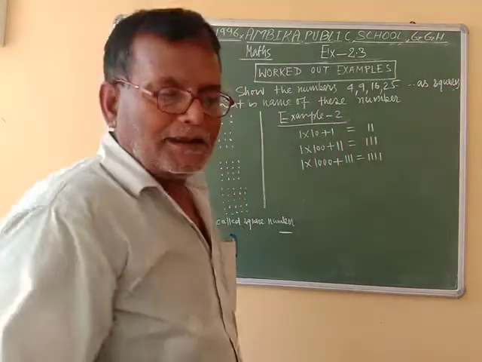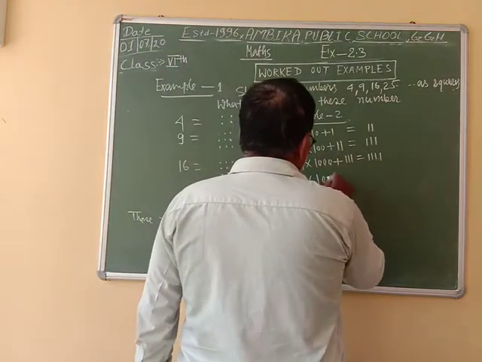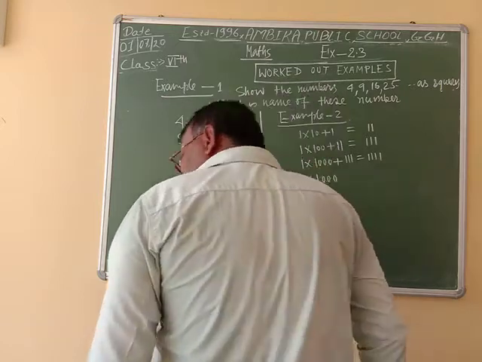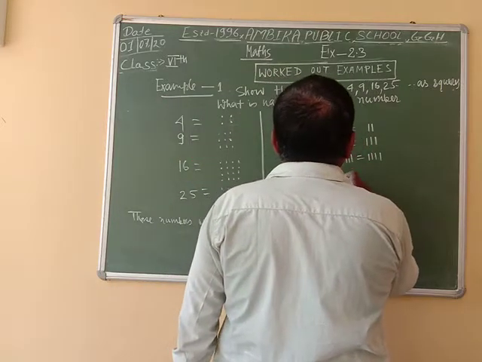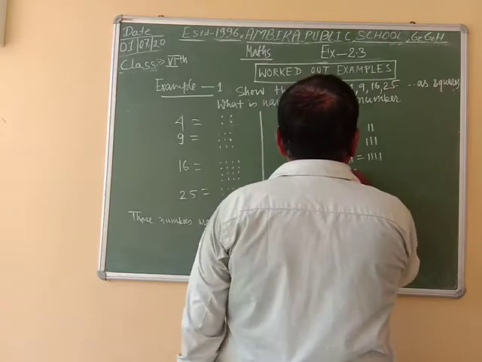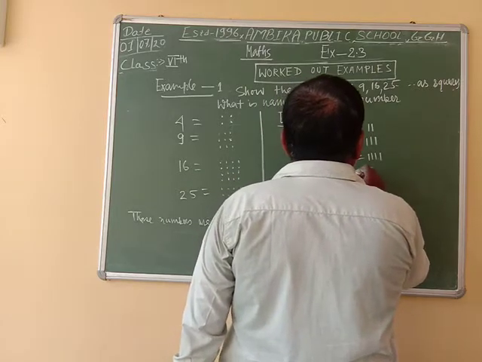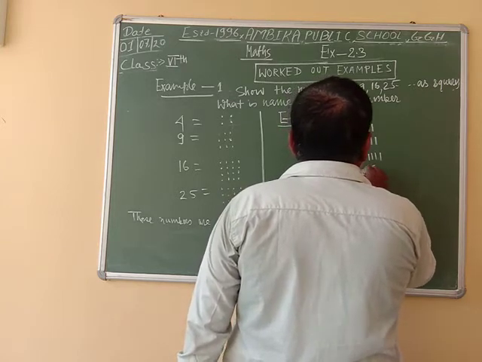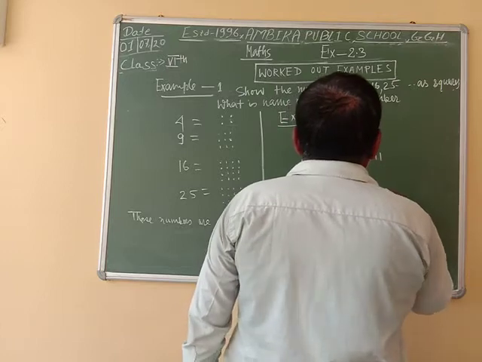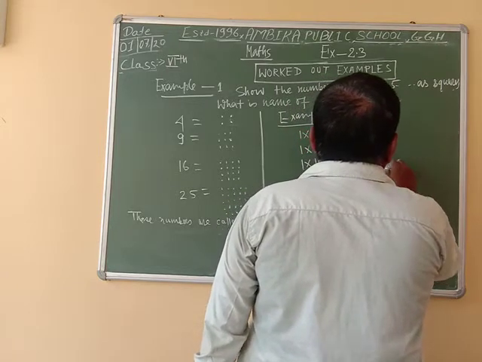And similarly, 1 into 10,000 plus 1 is equal to 11111.